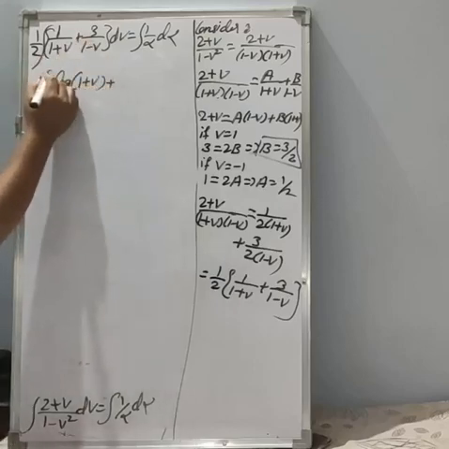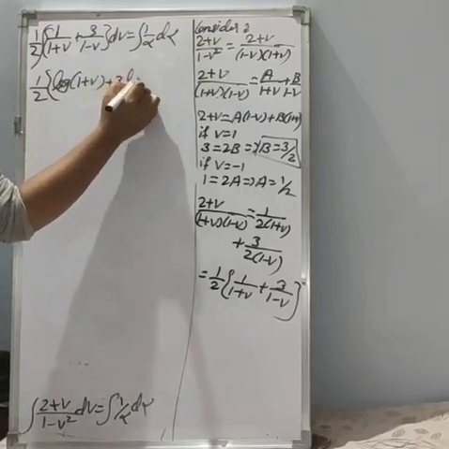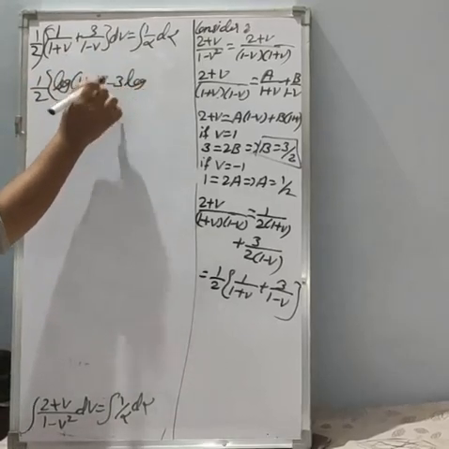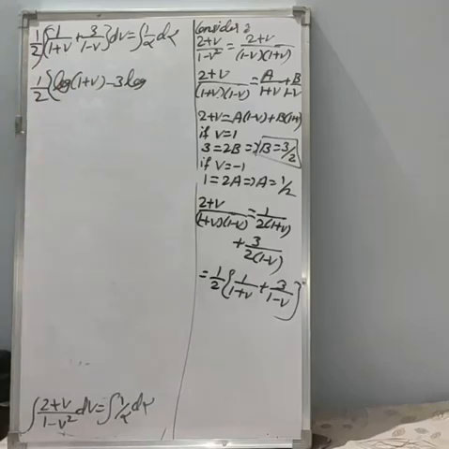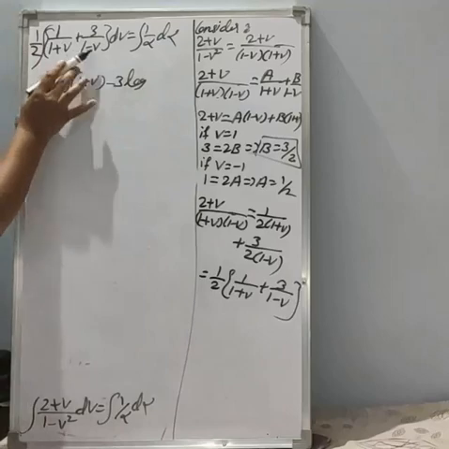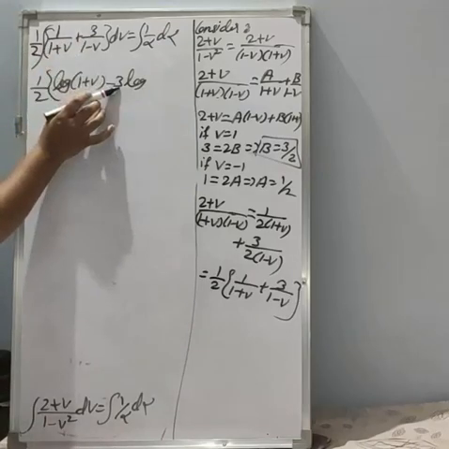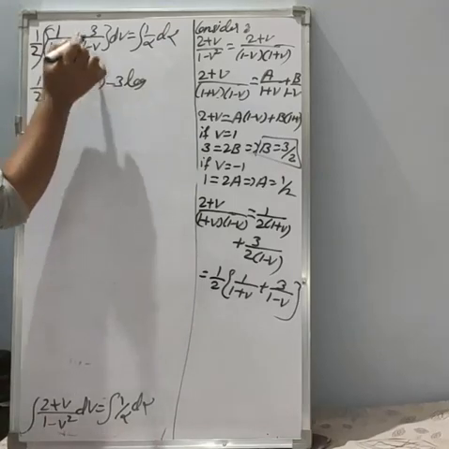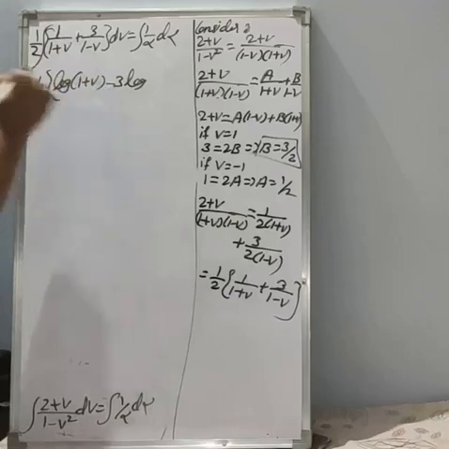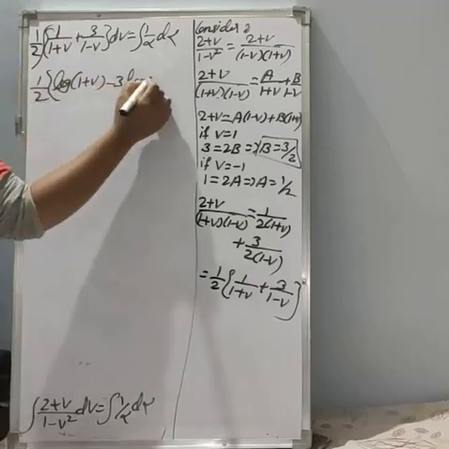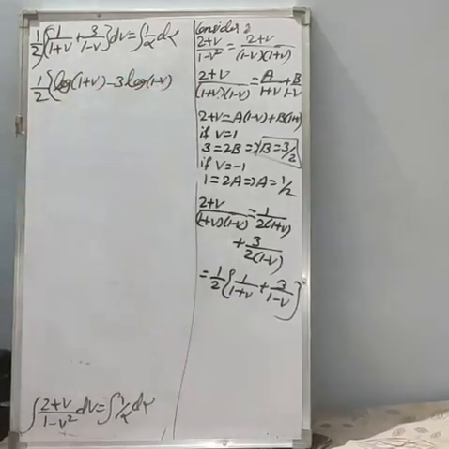Similarly here you will get minus 3, because if you differentiate this 1 minus v, keep 3 as it is. If you are taking 3 constant, then we remain with 1. Then if you differentiate this minus v, you will get minus 1. But here we have a plus sign, so multiply by minus sign here. So minus 3 log 1 minus v.